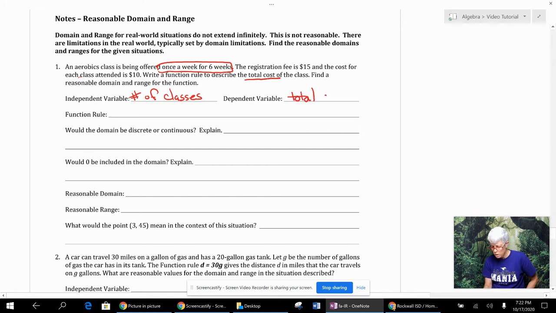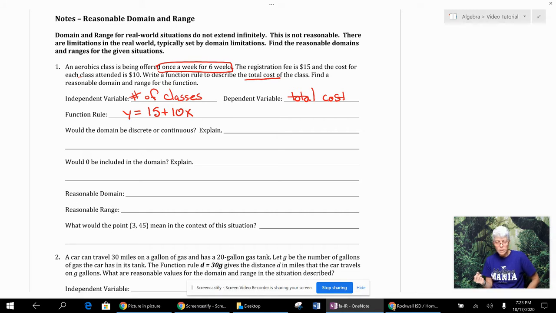And it's important that we include the word total in that because there are other costs, and we're talking about the total cost. So the function rule for that would be y equals, let's see, it's $15 to register plus $10 per class. Now we could change the letters to be C for cost or T for total or something like that, but I'll go ahead and leave it like this.